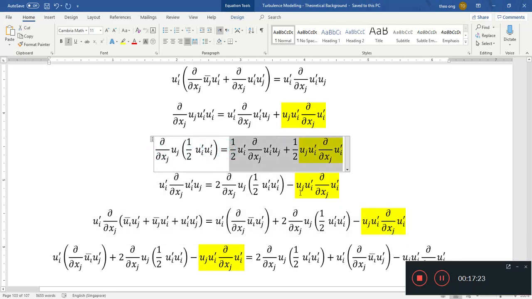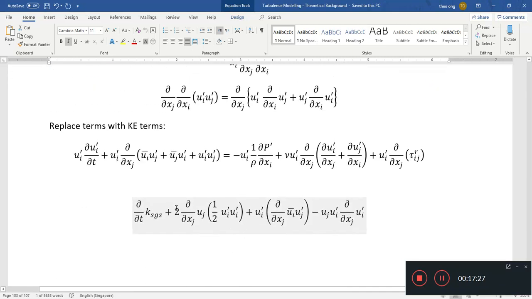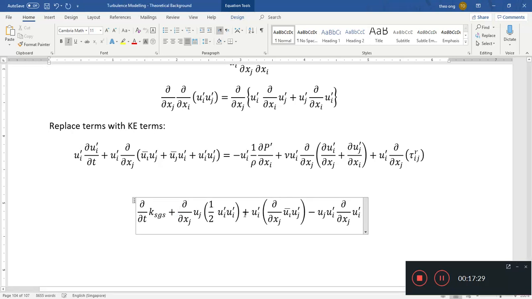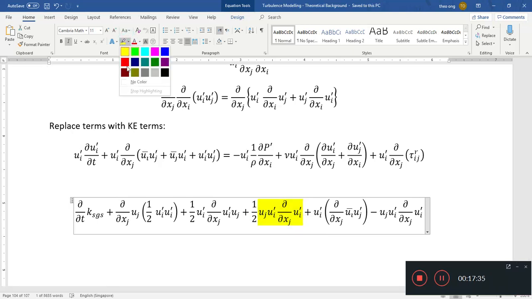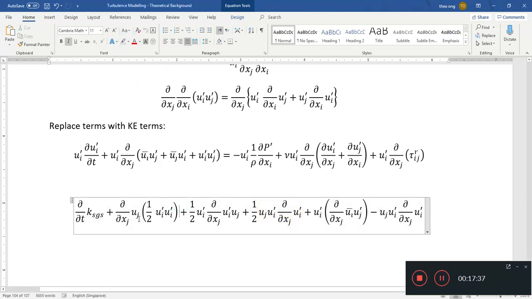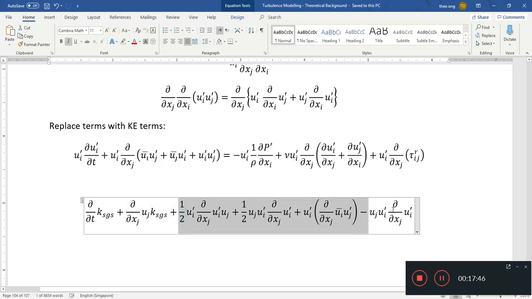So let me just do that. Again, I'm not going to do the derivation in full, but just want to show you where this KSGS might come from. This is the KSGS term. These are all the other terms that pop out.